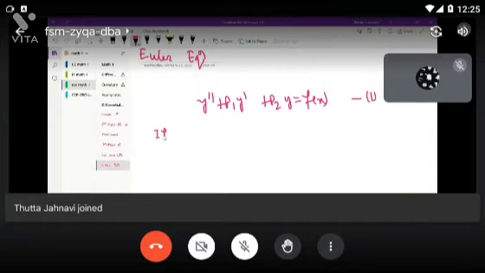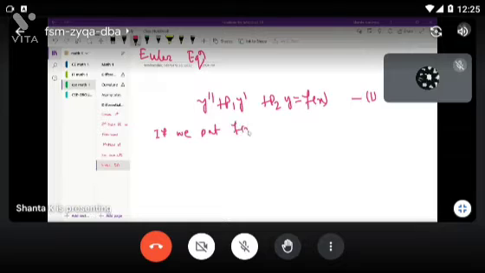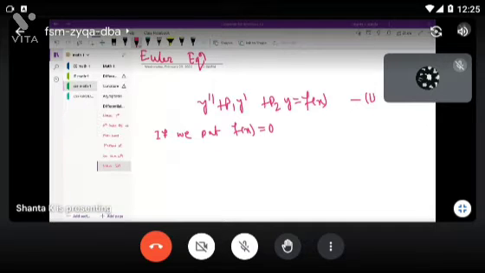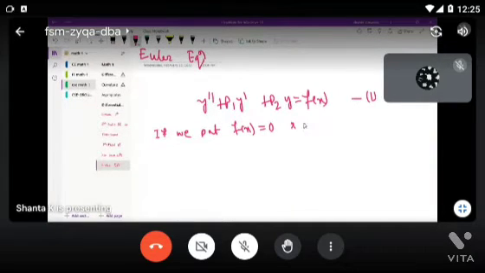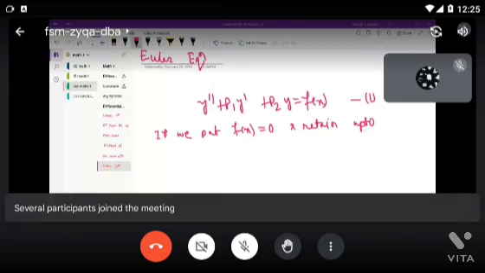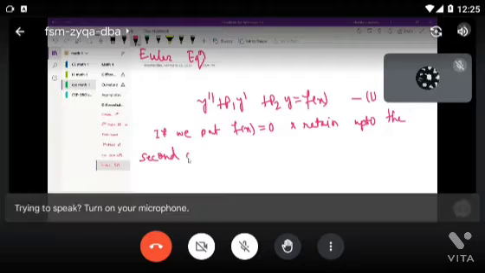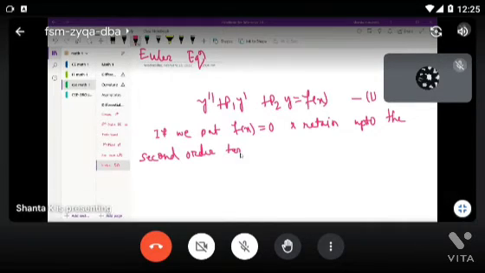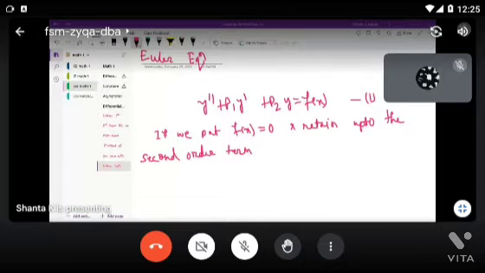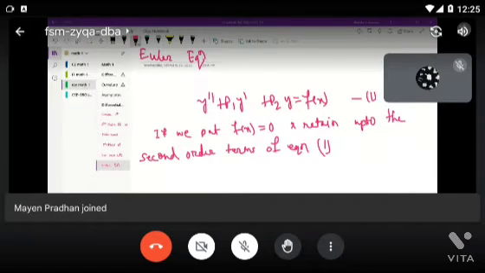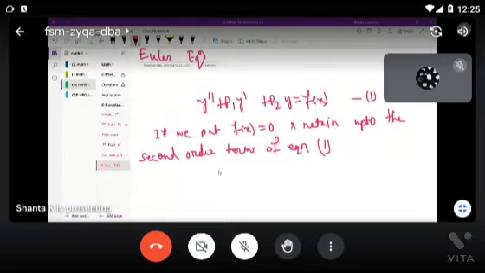So if we put f(x) equals to 0 and retain only up to second order terms of the equation, the equation you may write like this: x squared d squared y by dx squared.